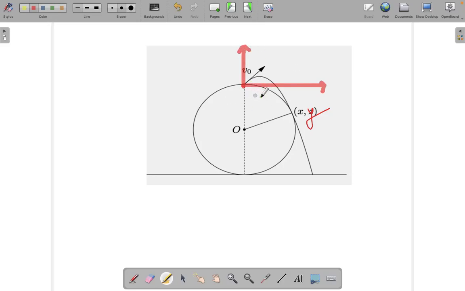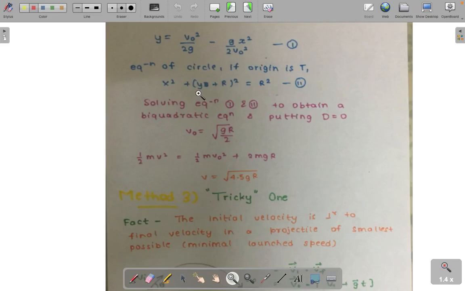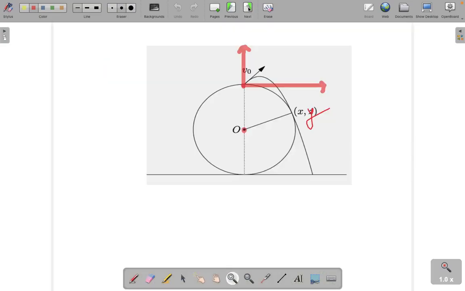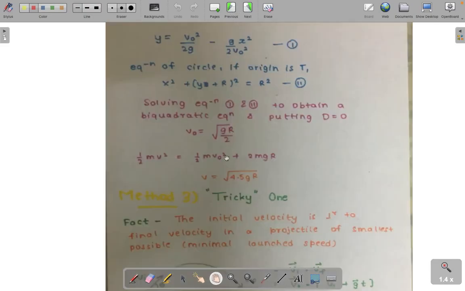So the equation of this circle is represented by x square plus (y plus r) whole square is equal to r square. So it represents that the center of the circle is at (0, minus r). So this O is at (0, minus r). I hope this is very much clear.